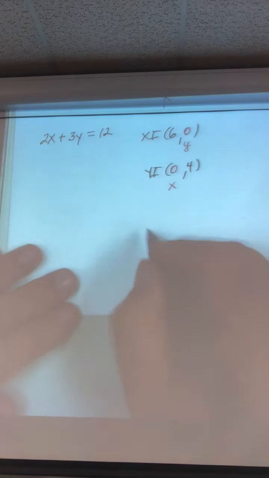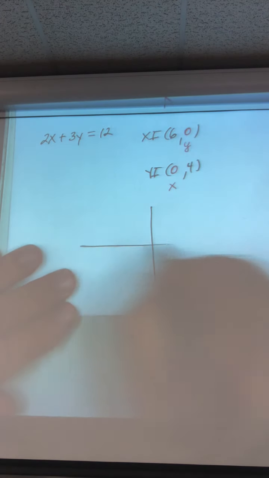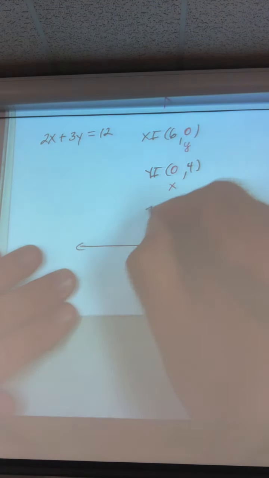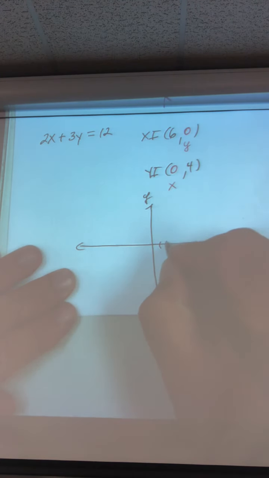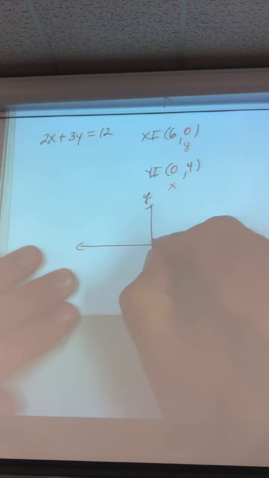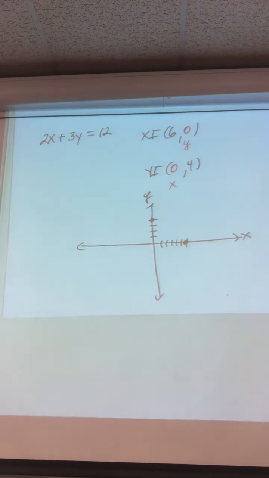And then all you do is plot the point (6,0). You don't have to graph this if you're okay with graphing it, but (6,0) will be right there. (0,4) will be right there. Now make sure you put them in the right spot. And then draw your line through those two points.